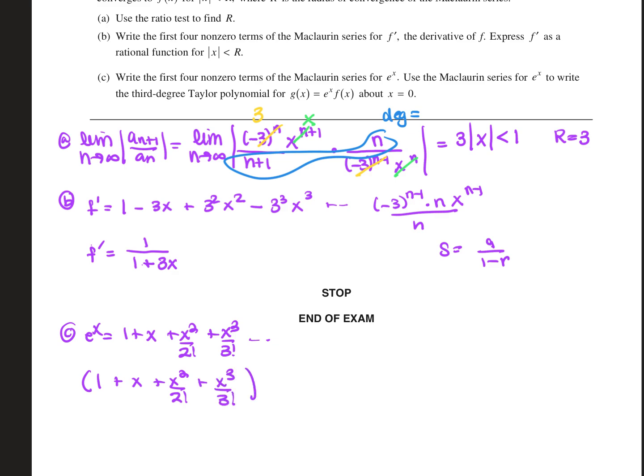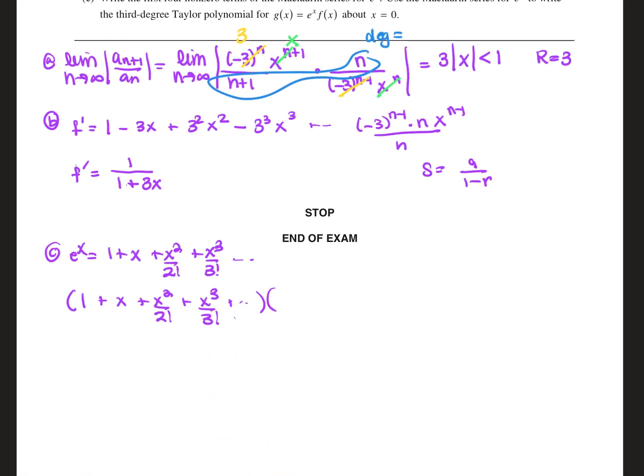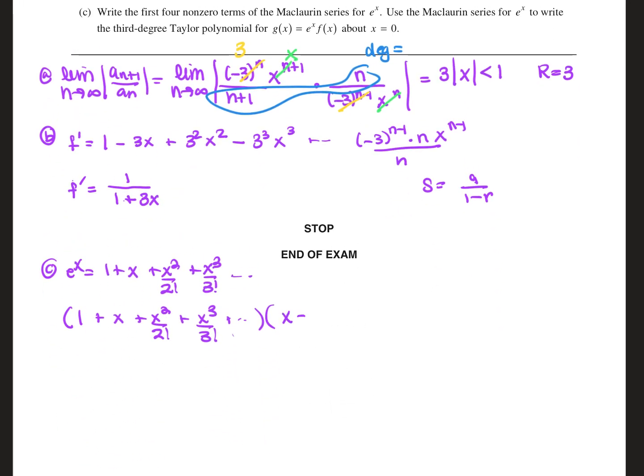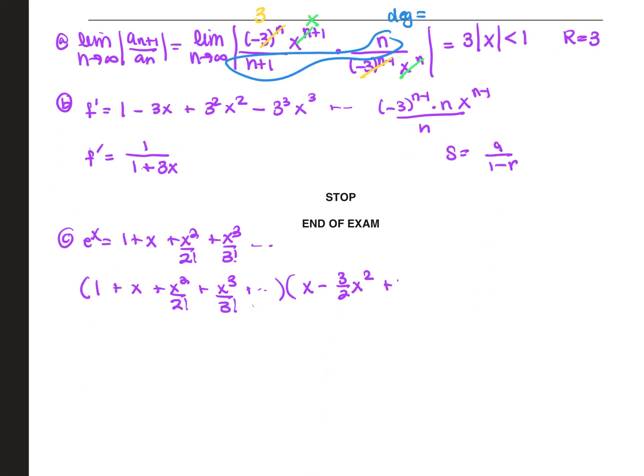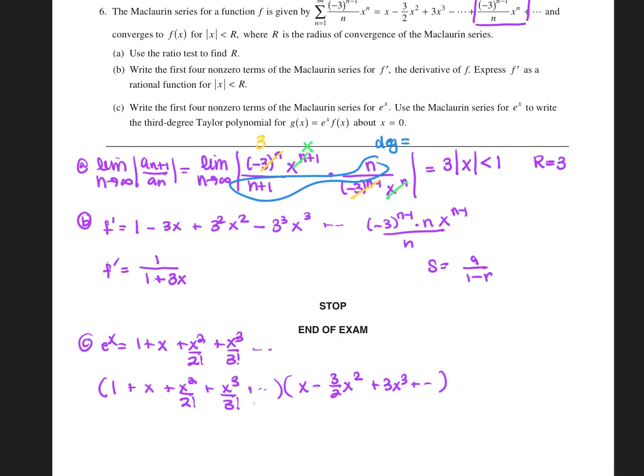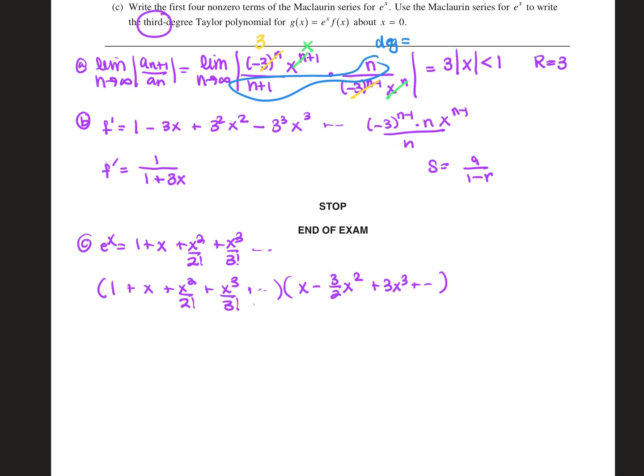And remember, this series does go on forever. So then f would be x minus 3 halves x squared plus 3x cubed. And they want us to only find the degree 3 Taylor polynomial here.